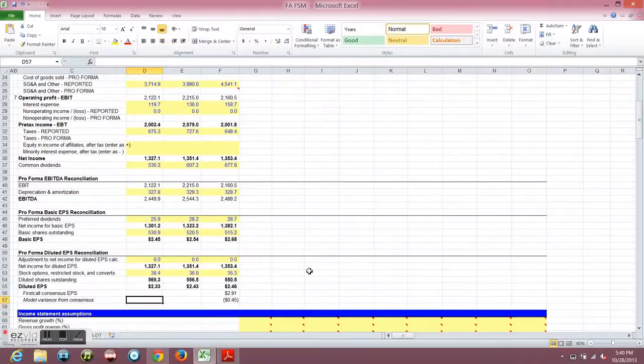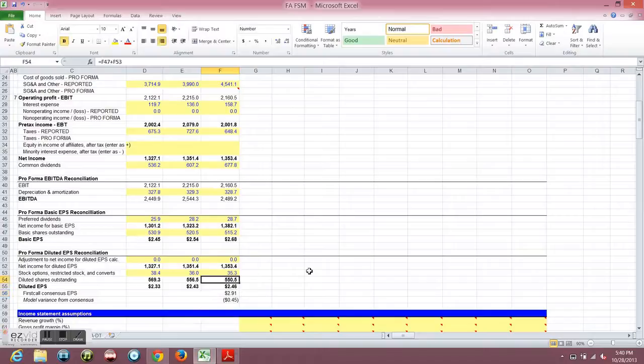And if you compare it to the one that we have, which is 2.46, there's a variance of 45 cents, which we need to account for. We're trying to get as close to $2.91 because these analysts have normalized their income statement. They have found non-recurring items on their sheet, and we have to do the same.